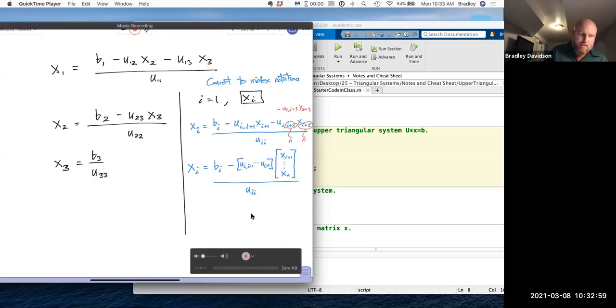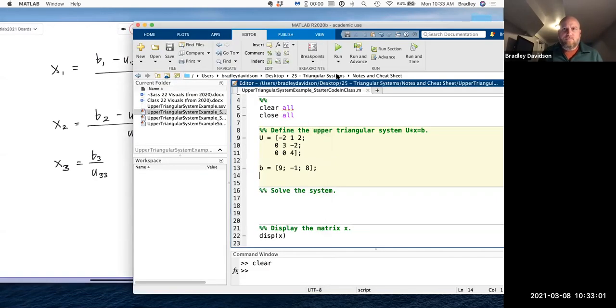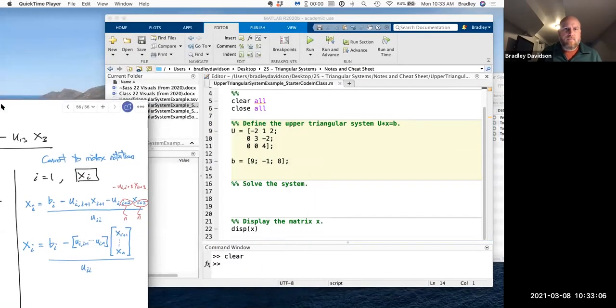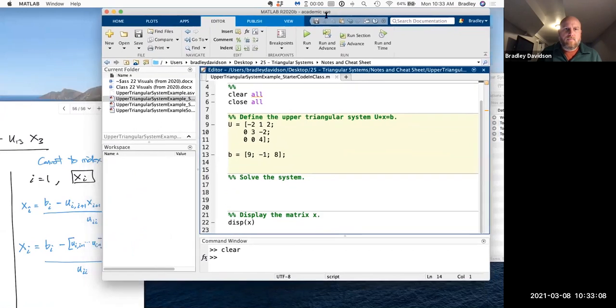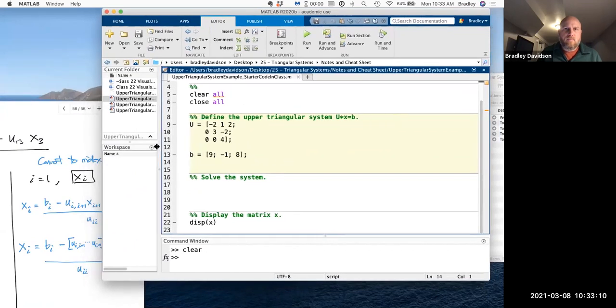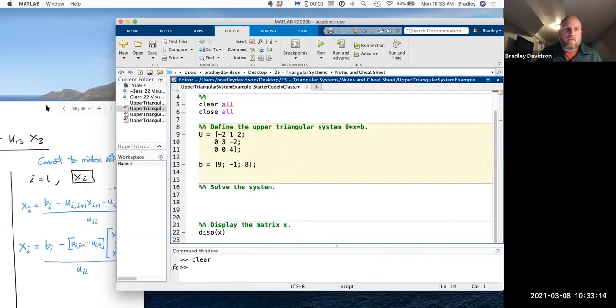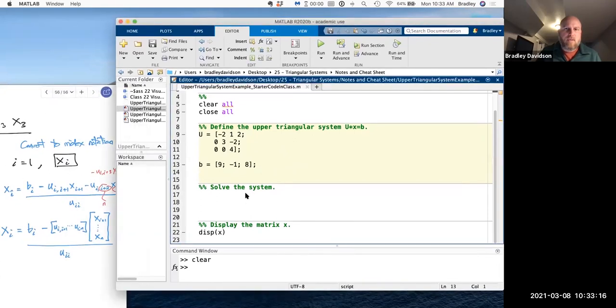As we look in MATLAB, let's type this in. So we're saying that we have an xi.